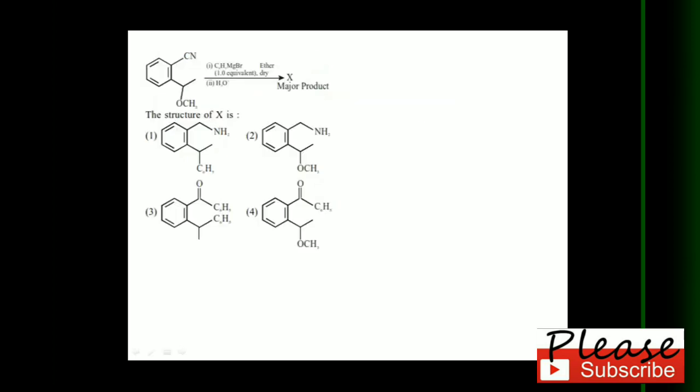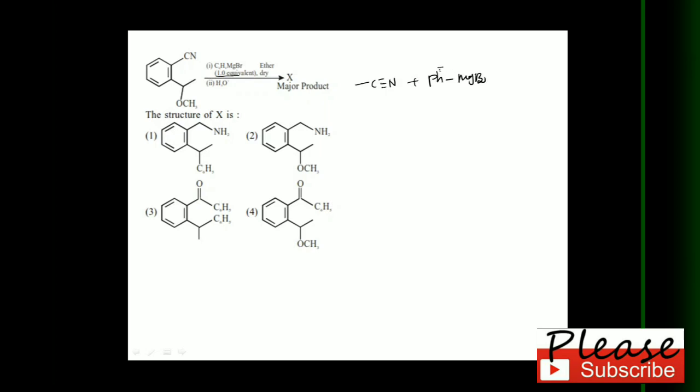Now you see this one, the reaction of the Grignard reagent with the cyanide. Here one equivalent is given. So generally here the cyanide, C triple bond N, and this is phenyl magnesium bromide, I think.